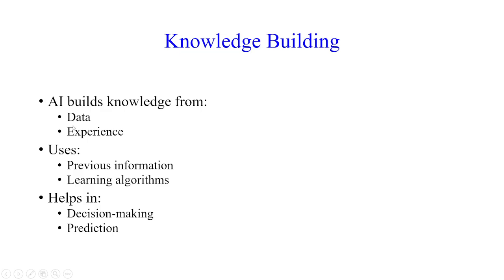Then learning algorithms, very important: mathematical engines like decision trees, neural networks, and support vector machines power this learning process. The goal of all this is to enable the best decision making and predictions. Knowledge is what separates an intelligent system from a simple lookup table.